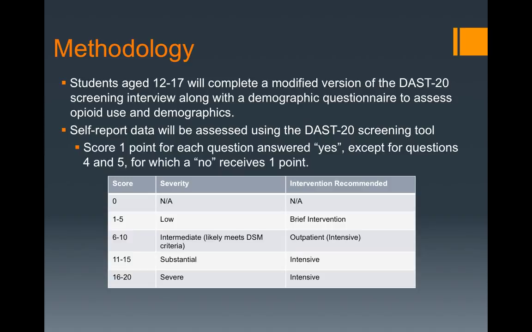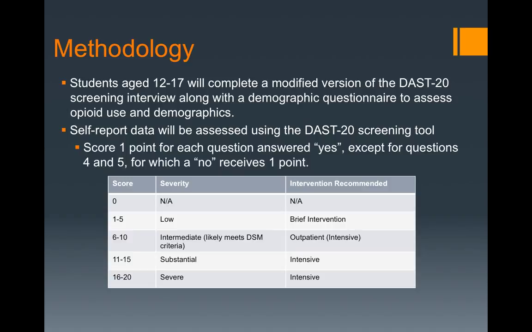And as you can see at the bottom of this slide is a pretty brief summary of what these scores indicate for this test. So for each question that is answered yes, a participant would receive 1 point, and the only exception to that is questions 4 and 5, in which an answer of no would also receive 1 point.